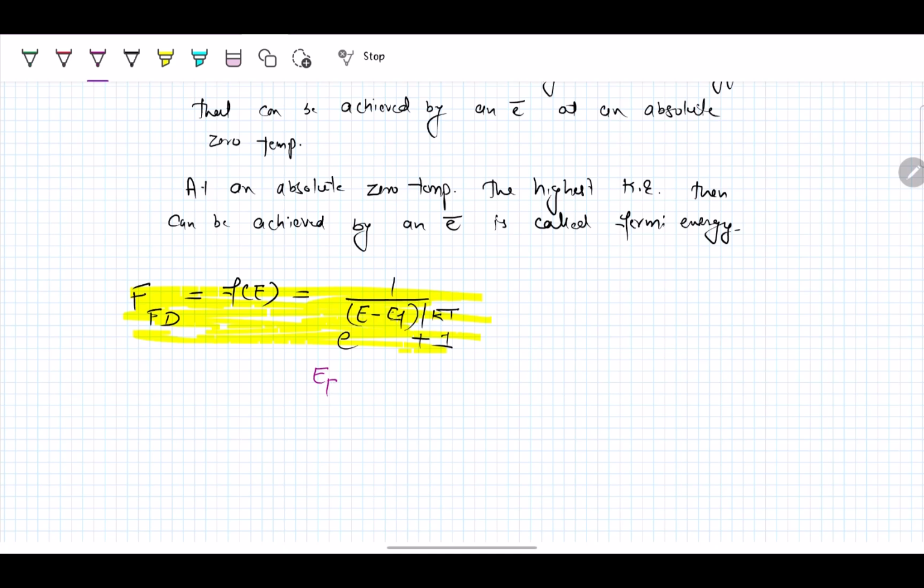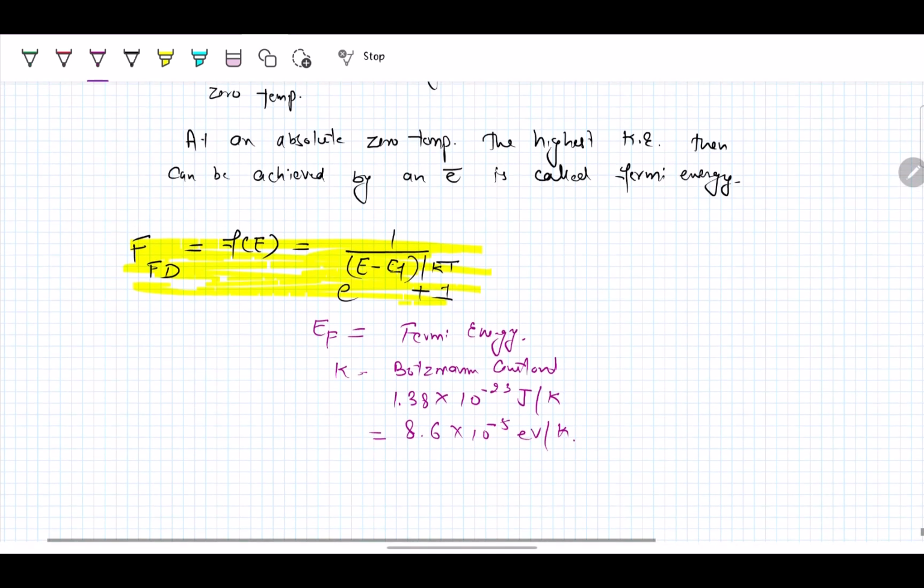Here EF is the Fermi energy, and k is the Boltzmann constant, having a value of 1.38 × 10^-23 joule per Kelvin, or also 8.6 × 10^-5 electron volt per Kelvin, right?